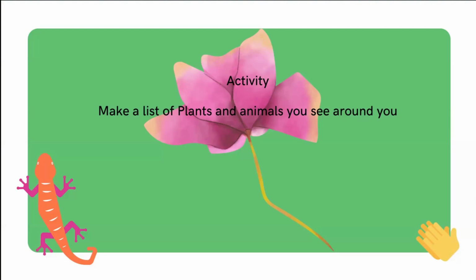I have an activity for you. Quickly, make a list of plants and animals you see around you. Just put that in the chat box. Wow, you see a lizard. I have a lizard on my slide as well. What else do you see?